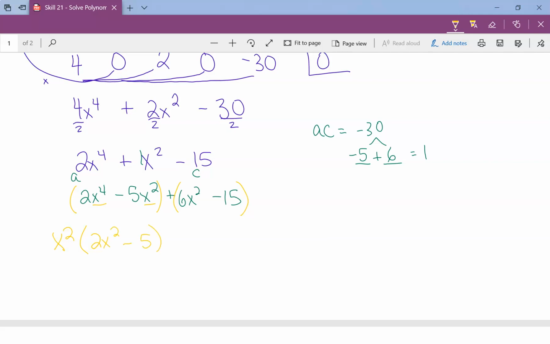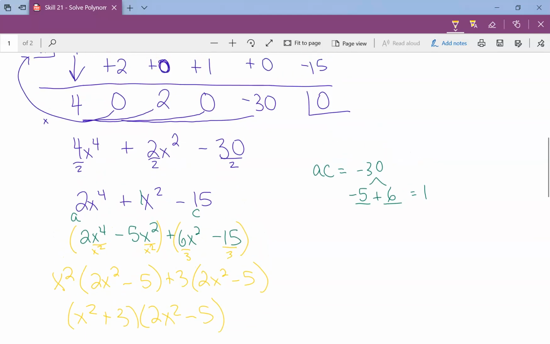In the next group, I can divide these by 3. Sorry, I should have showed what I was doing here. When I divide those by 3, I get 2x squared minus 5. So my factors are x squared plus 3 and 2x squared minus 5.